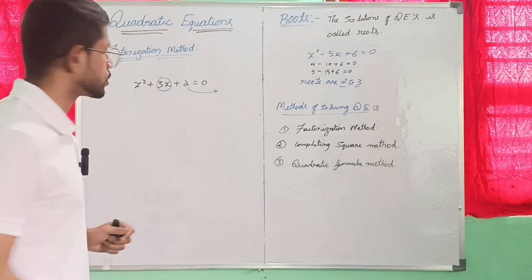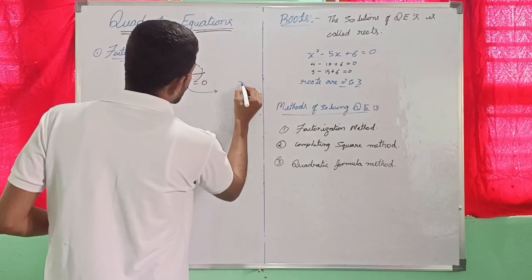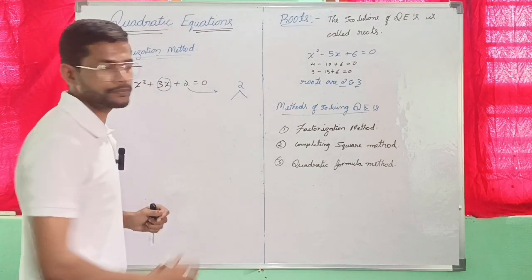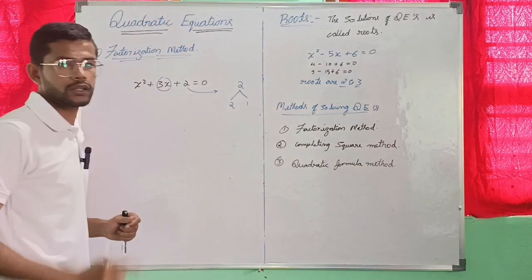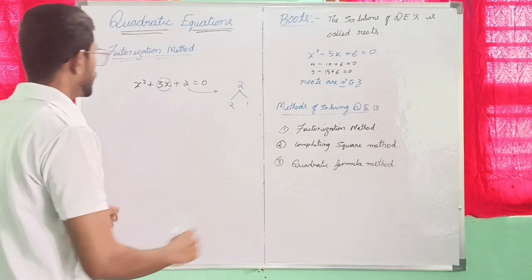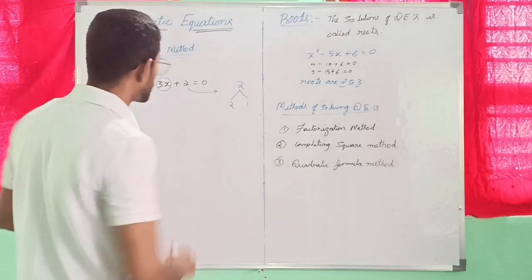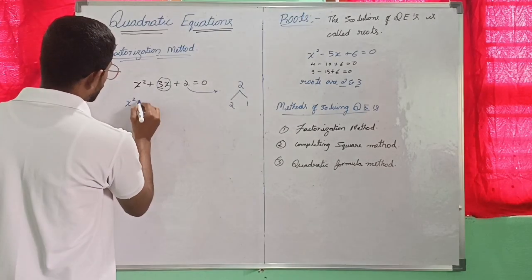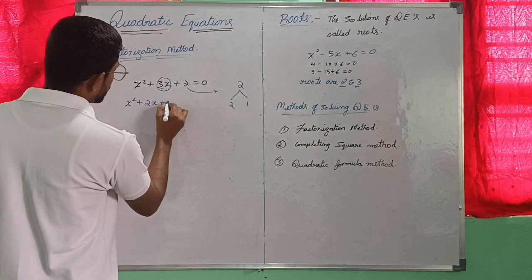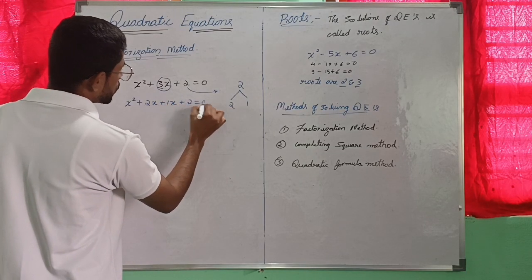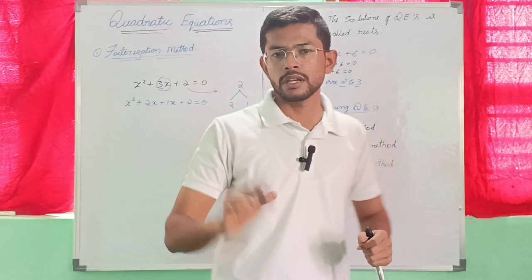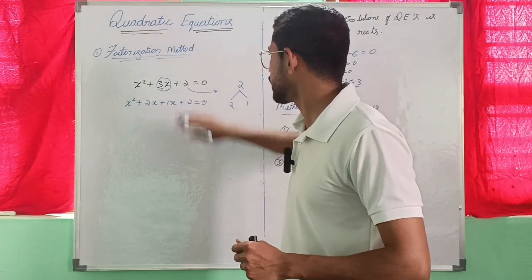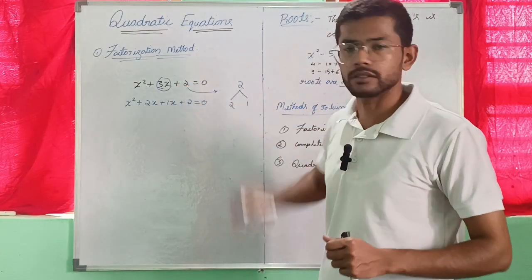Let us see the factors of this constant 2. Take 2 into 1, which is 2. Then 2 plus 1 is 3. We can split this quadratic equation as x square plus 2x plus 1x plus 2 is equal to 0. Simply I split this 3x as 2x plus 1x by considering these constant factors.